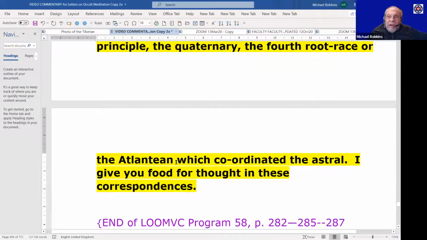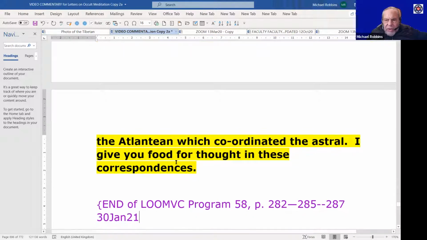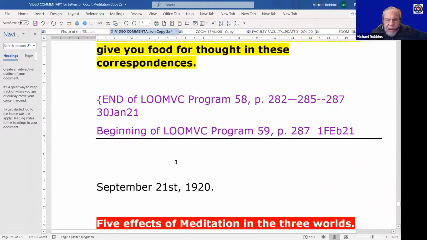Right now in the Aryan race, we have the opportunity to coordinate the mental, and for some, there is the coordination even of the Buddhic vehicle. So that's where we are right now.